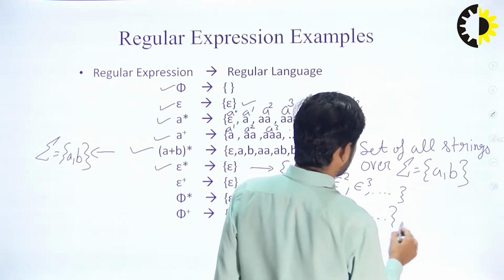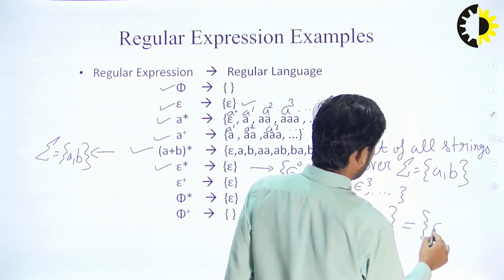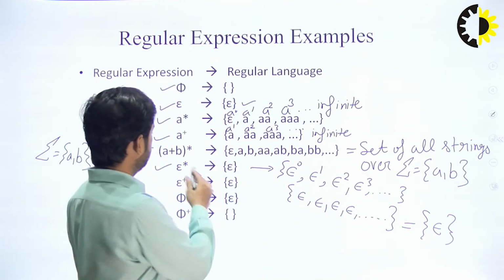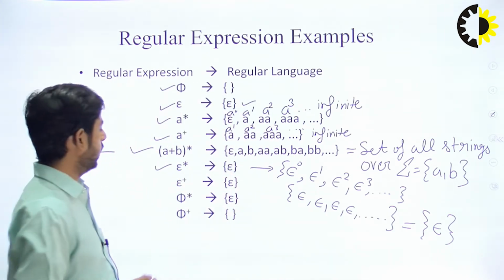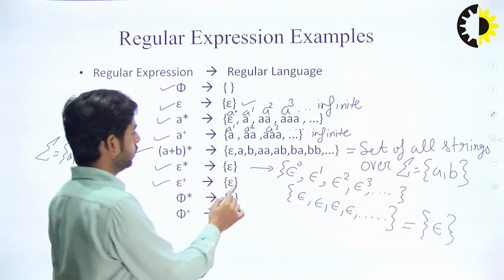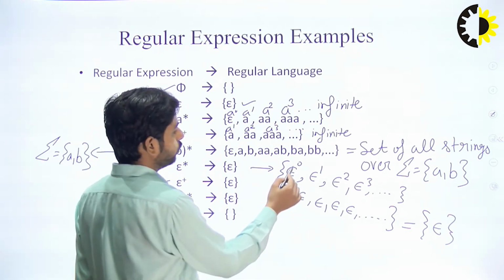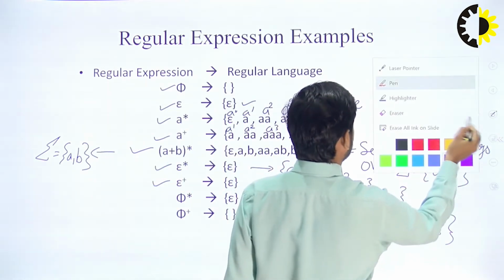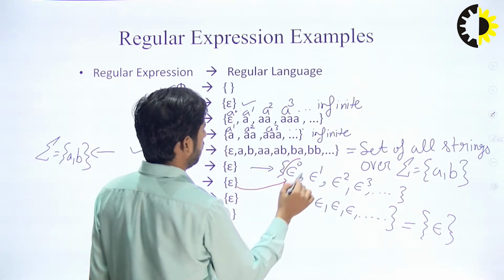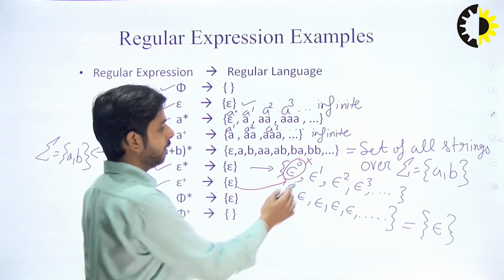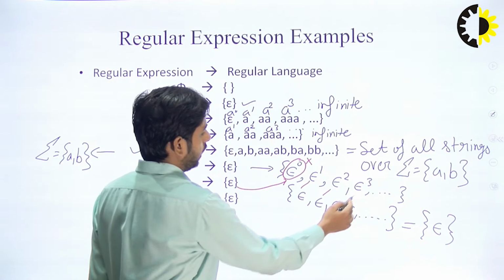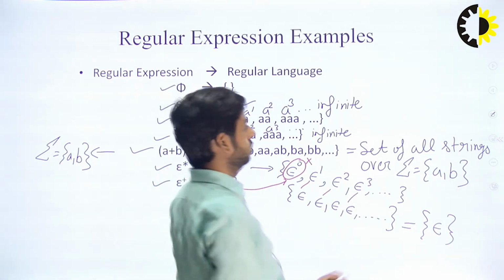So this is equivalent to epsilon only, because a set does not contain duplicate values. So epsilon star equals epsilon. Similarly for epsilon plus, this is equal to epsilon. Here epsilon power 0 is not included, but epsilon 1, 2, 3 are all equivalent to epsilon, so this is equal to epsilon itself only.